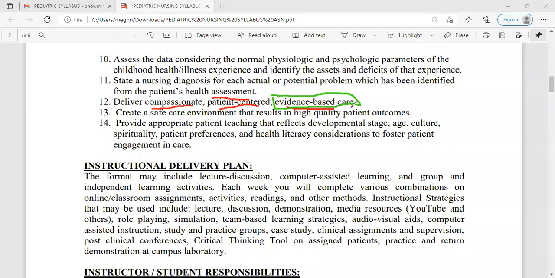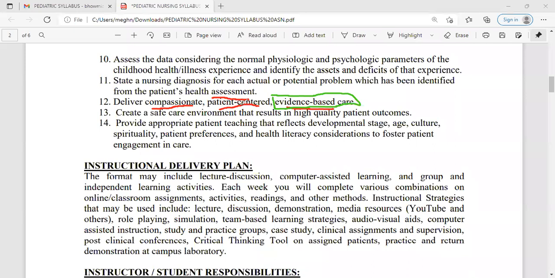We will follow that one for the whole hospital. So this is evidence-based care. What practice do we use to prevent infection, out of 10 hospitals, which is the best? Just follow them. This is evidence-based care, right?